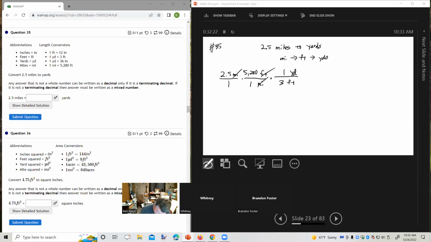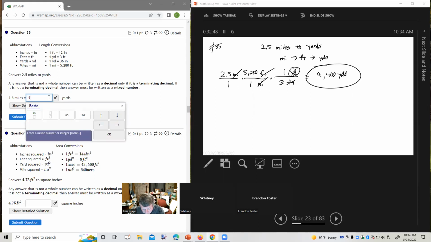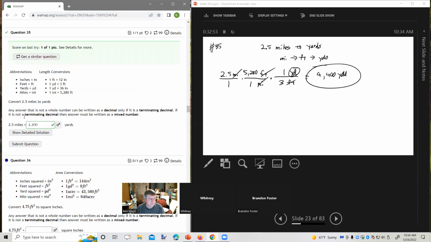Miles cross out, feet cross out, and I have yards. So I'm going to take 2.5 times 5,280 and then divided by 3. Whoops, I didn't put in the divided by 3. There we go. And I come up with 4,400 yards as my final answer.